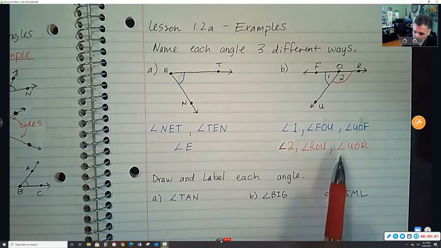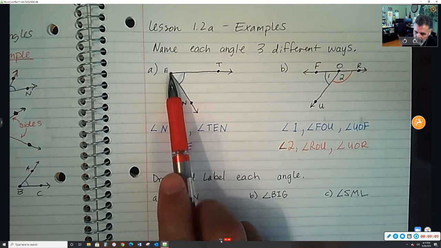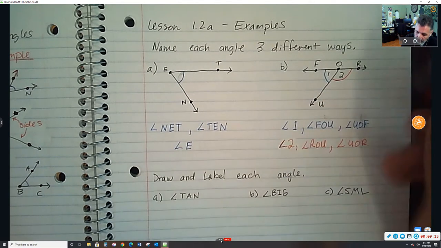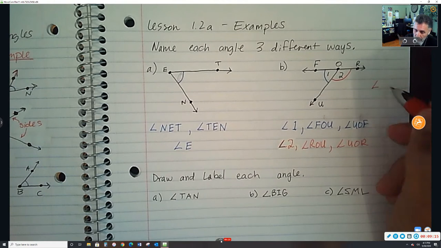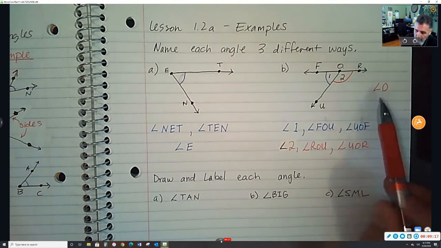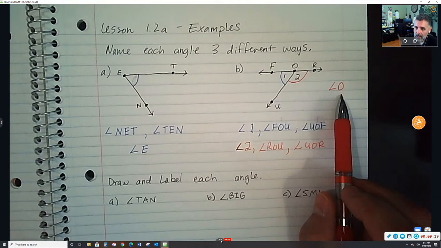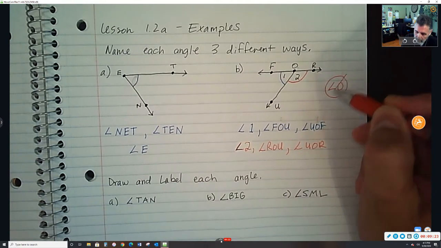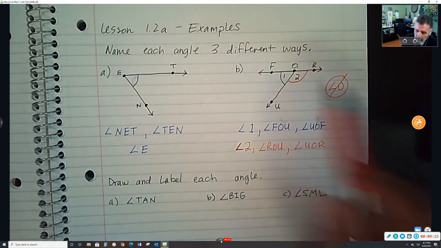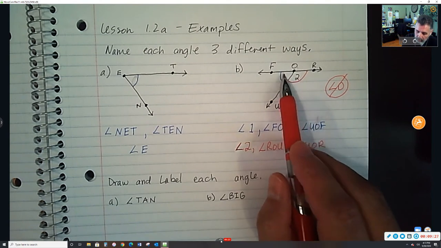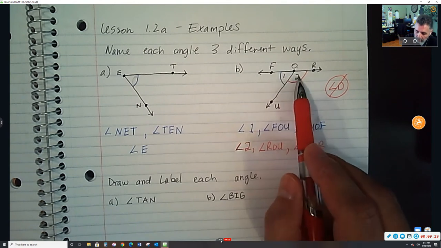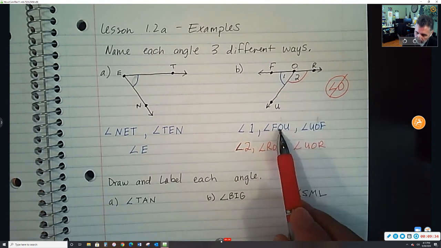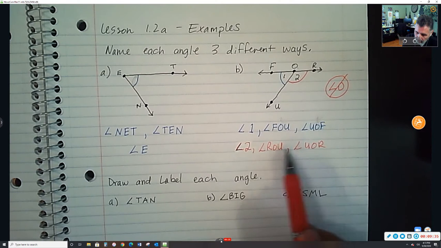And real quick, like this one, we could call it angle E. I cannot use this one angle, and I'll tell you why. You can't call it angle O, because you wouldn't know if you're talking about this side or this side. Whenever the vertex is shared, see how O is in the middle of all of these?